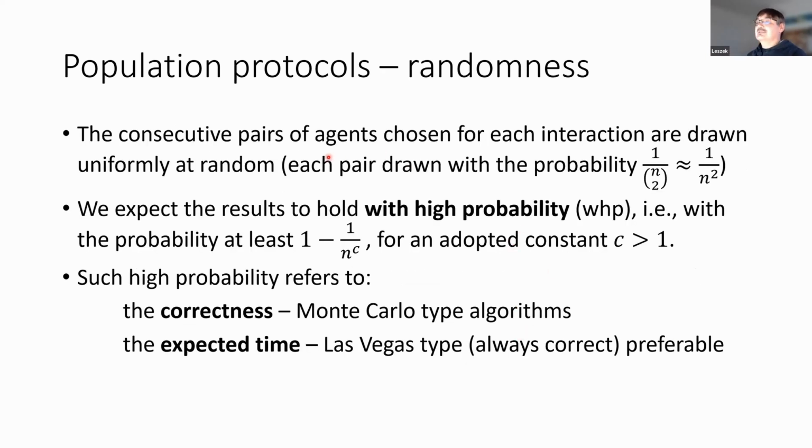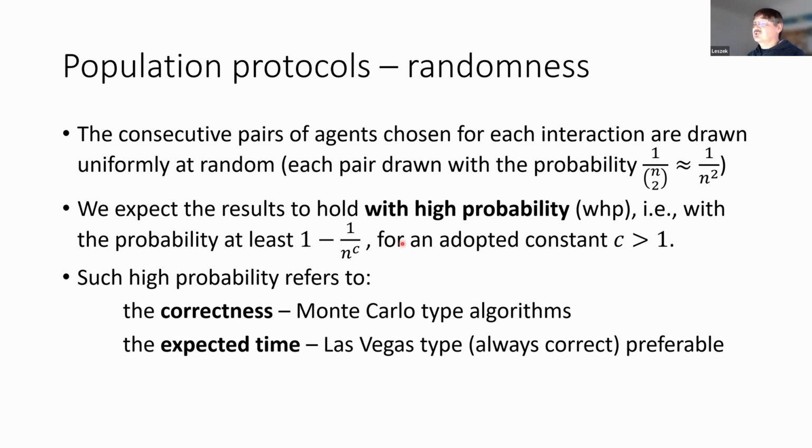The consecutive pairs of agents chosen for interactions are drawn uniformly at random. The probability of this choice is very small because we have so many pairs. One particular pair is chosen with a really small probability, 1 over n squared, and that causes some problems with population protocols.